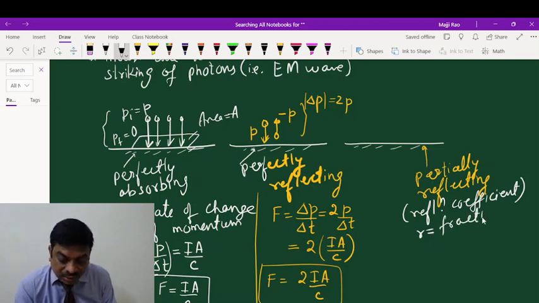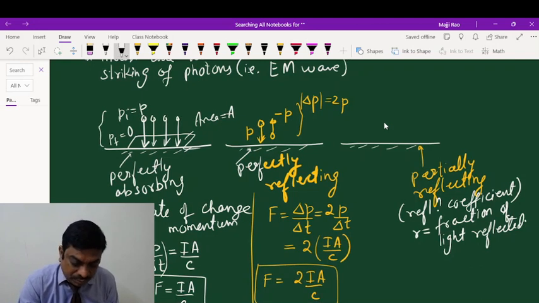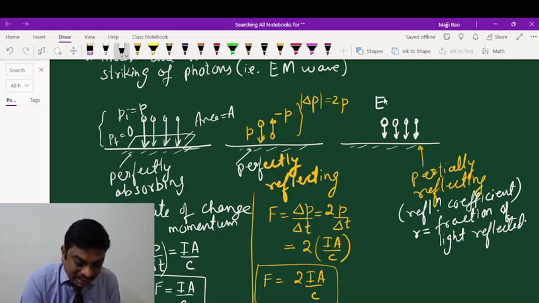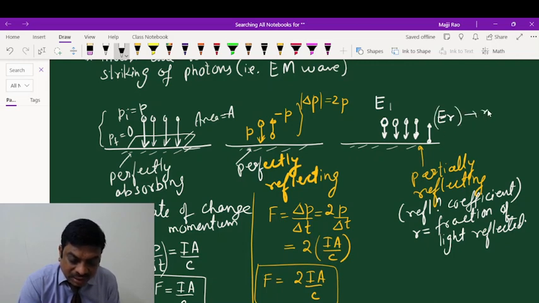Suppose the amount of incident energy is E, then the energy reflected is E into R, whereas E minus ER will be the difference in energy which is getting absorbed.